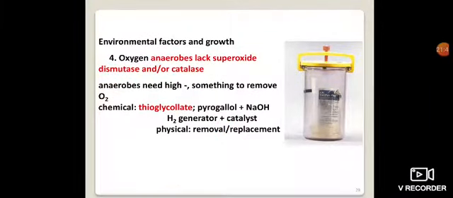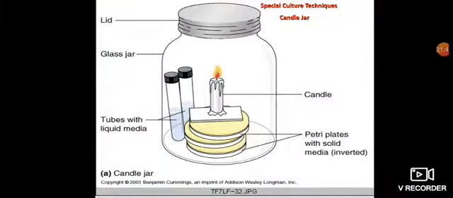Simultaneously, here we can observe the same situation. Here there is one candle, and we have placed a petri plate and a tube. The tube has liquid media and the petri dish has solid media.